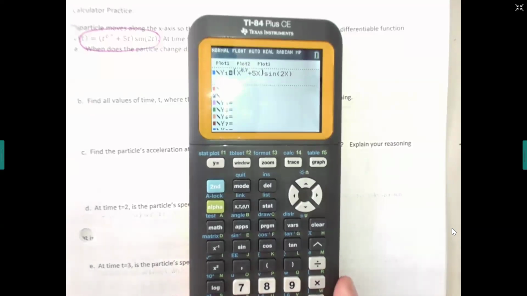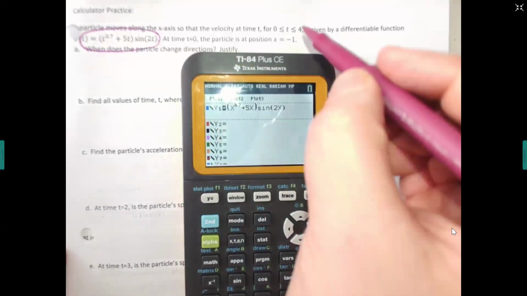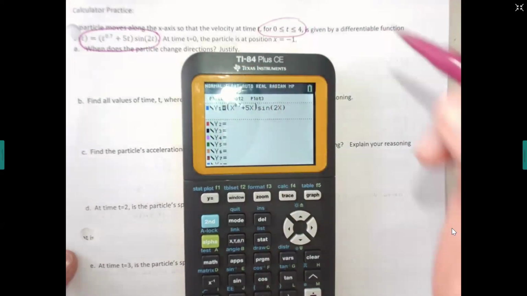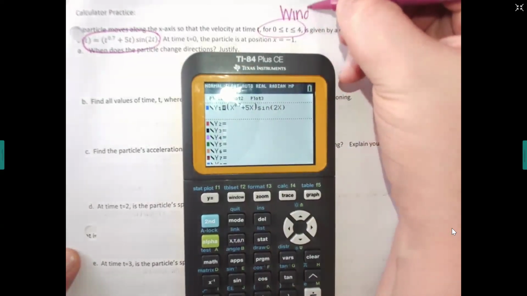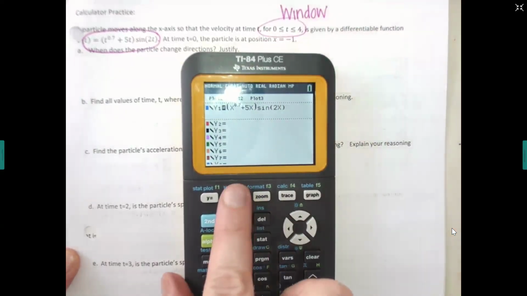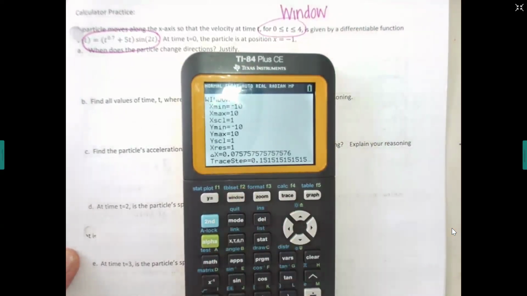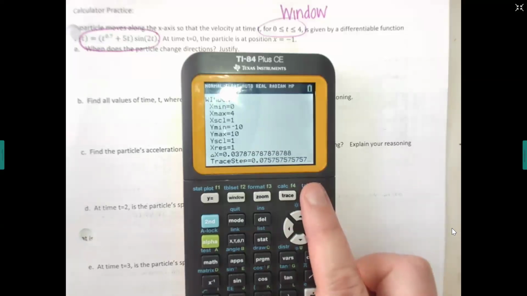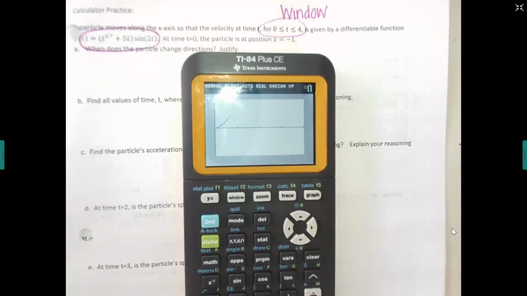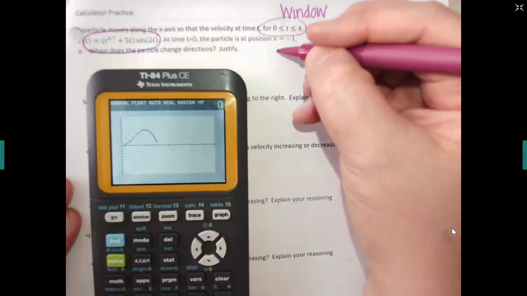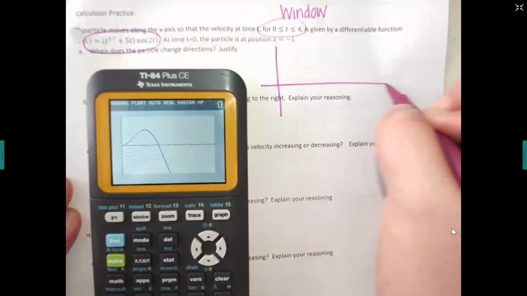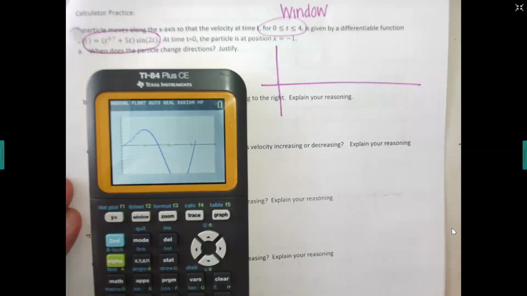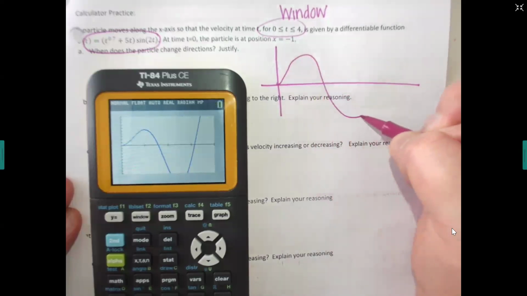So in the question, it says that I'm only using my model from 0 to 4 seconds. So I'm going to adjust my window, which is the button right here, so that my X min is 0 and my max is 4. Okay, I don't want to see more graph than that. It's just extra stuff to kind of ignore. So X min 0, X max 4, go ahead and hit graph. Okay, once you've done that, I want you to give yourself a little sketch of that on your paper. So it goes up, down, up.